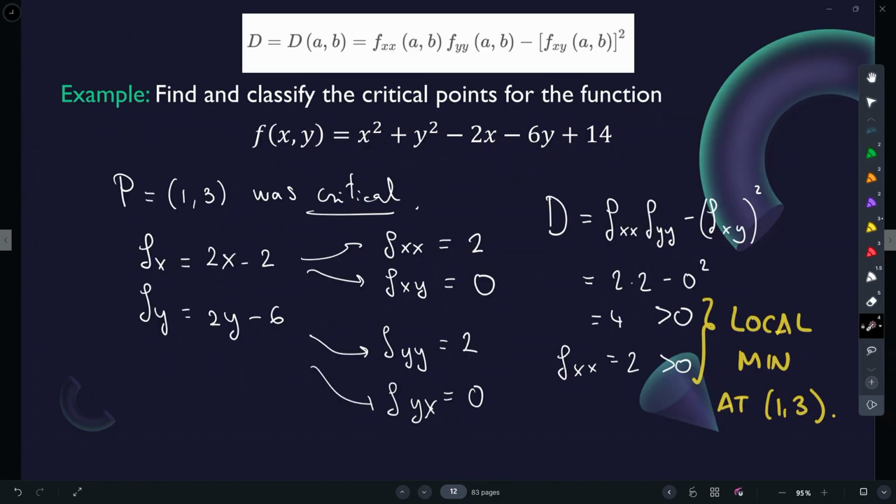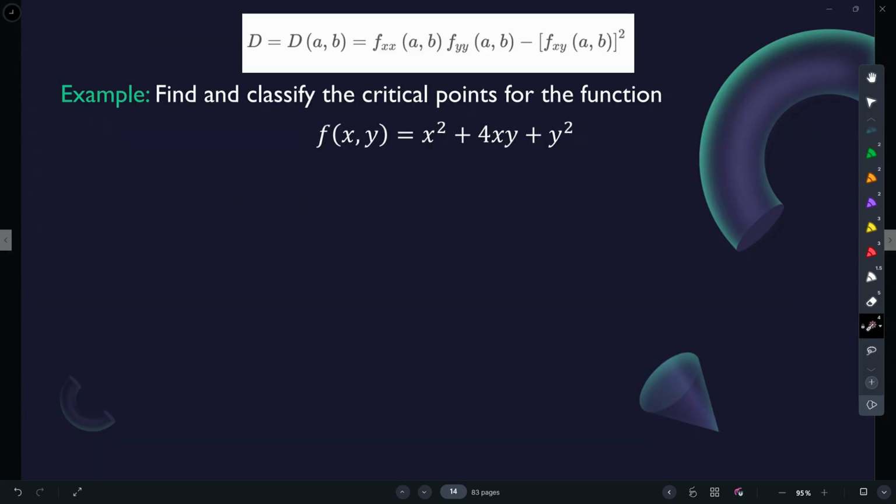Okay, let's do another example. Let's look now at this function. This is not so clear, what kind of quadric surface this is. So let's start working. First of all, I need to find the critical points. So let's start with the gradient vector.